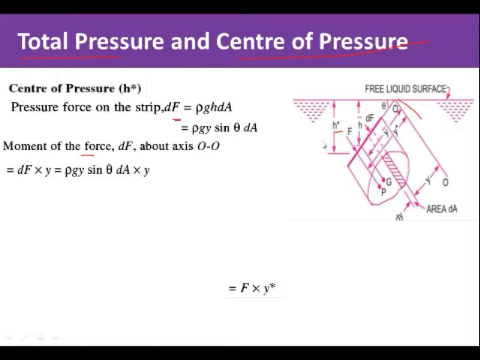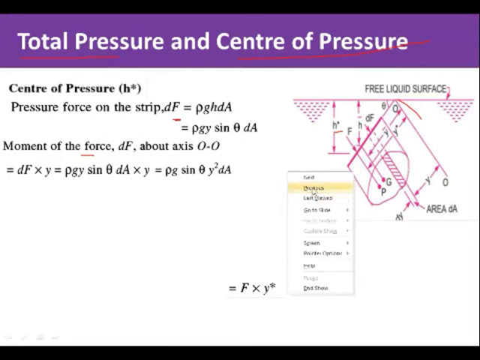We know the moment of the force is nothing but force into distance. Now the distance of the strip from axis OO is y. So that is dF into y. Now put the value of dF, so it is rho g y sine theta dA into y. So this equation will become rho g y square sine theta dA, that is, rho g sine theta into y square dA.